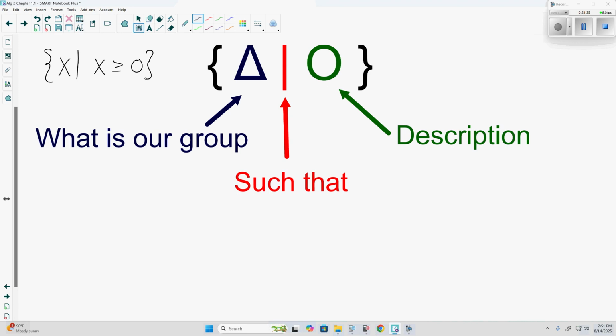We turn 17 words into 1, 2, 3, 4, 5, 6, 7 symbols. Condense it down.